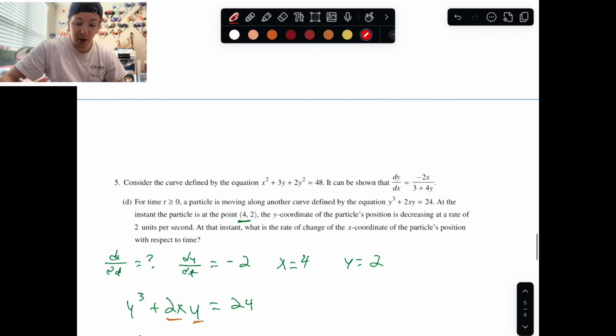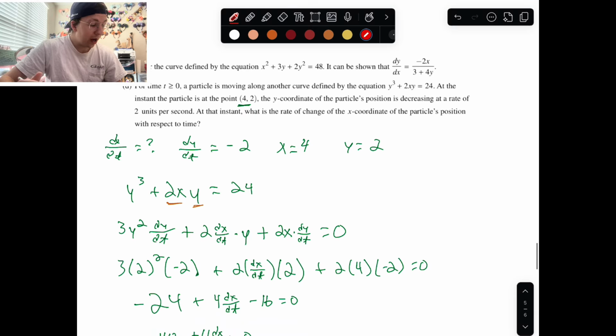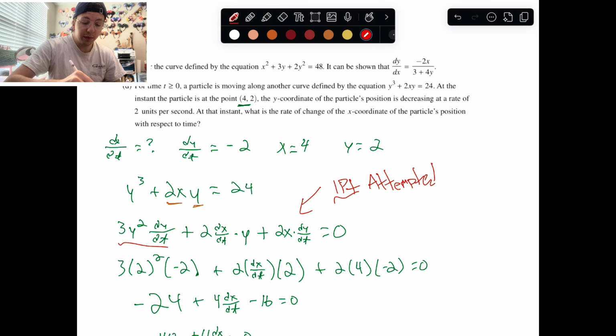And then lastly, this is where a lot of the points came from in this problem. Okay, so the first part, if you attempted the implicit differentiation, aka you attempted this step with respect to t, you got 1 point. If you actually got the derivative, you got another point.